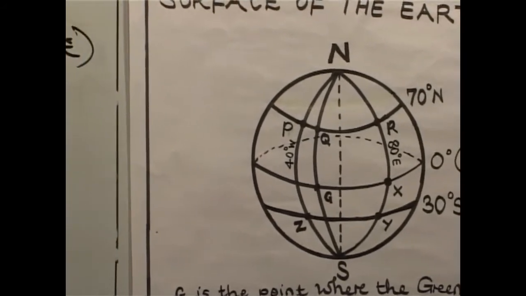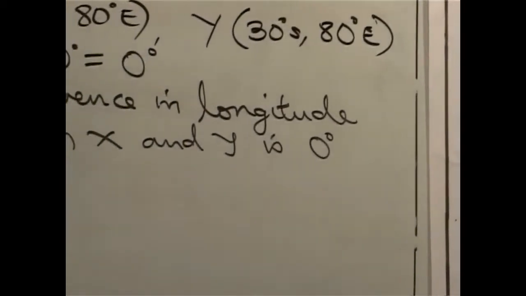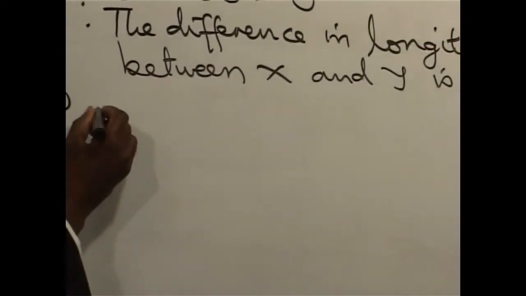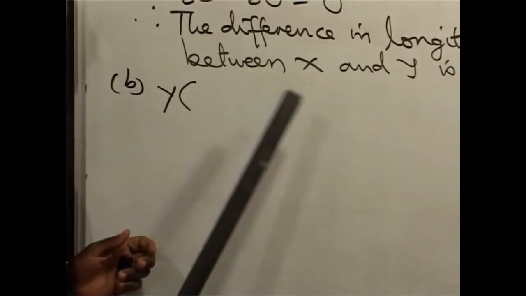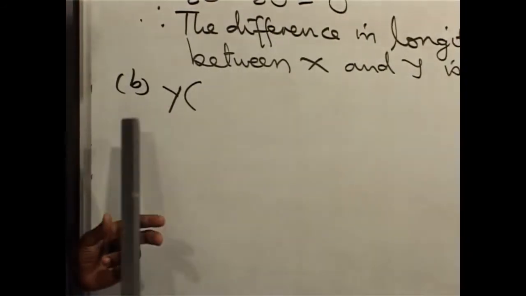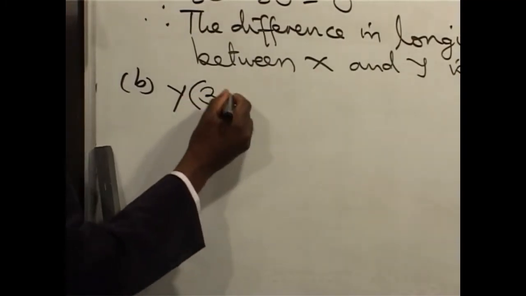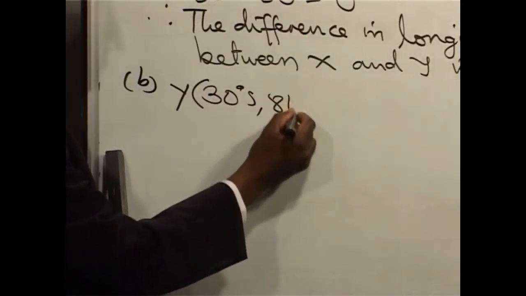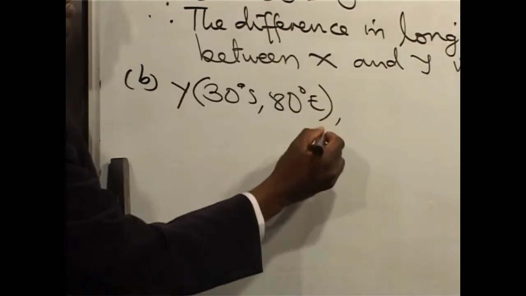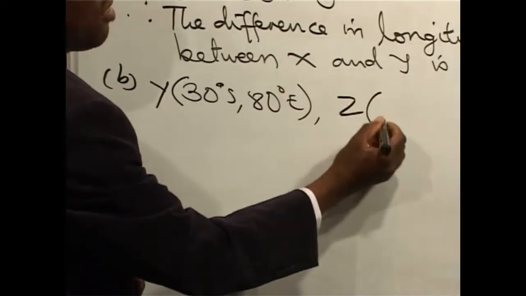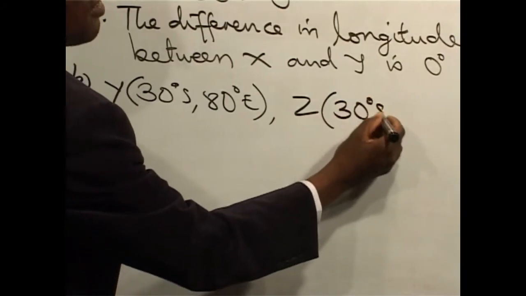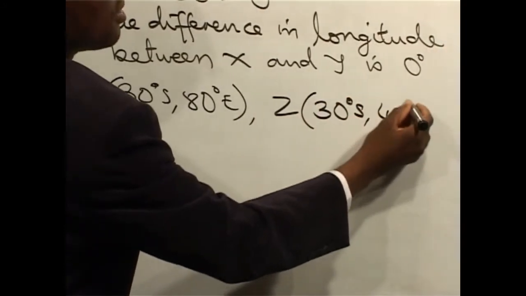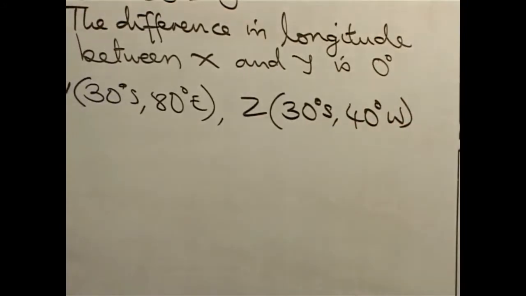So we can write and say that the position for Y, I'd already found it in part A, which is one and the same, 30 degrees south, 80 degrees east. For Z, as we've come up with, Z lies on 30 degrees south, 40 degrees west.